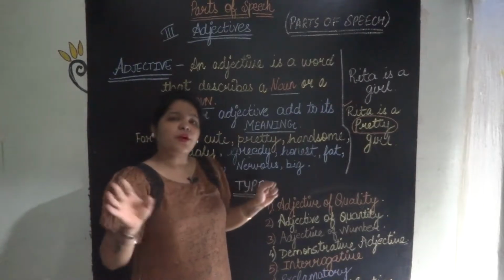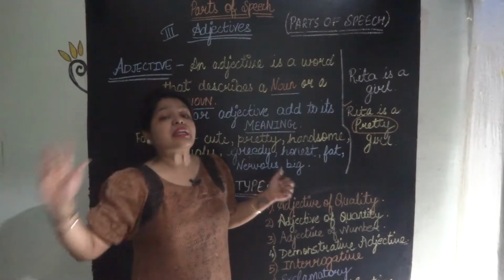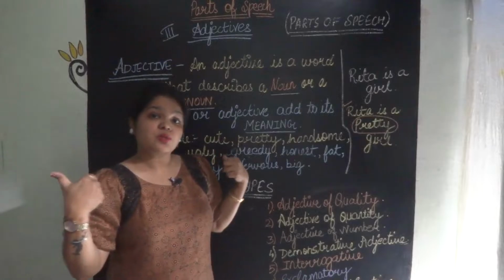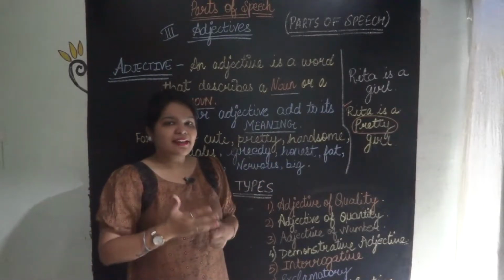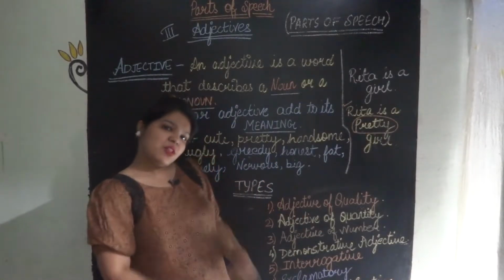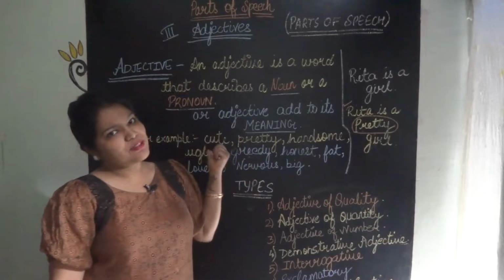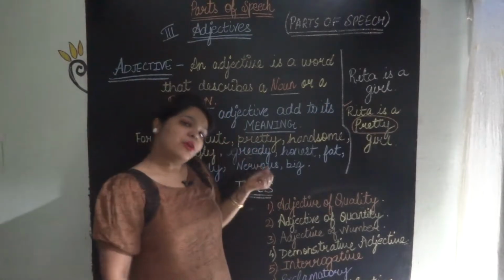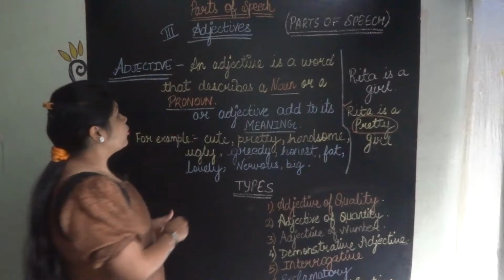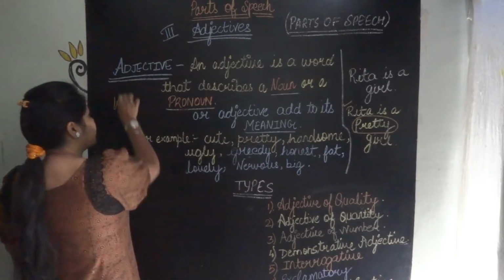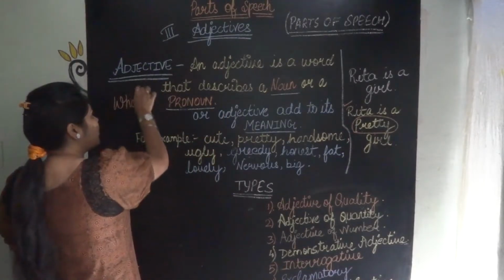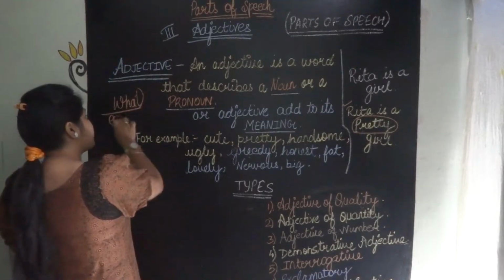Adjective is a very important part of speech, and interesting also, because with this we add quality. We give a rhythmic touch to our nouns and our pronouns. So, understood what an adjective is and its examples?